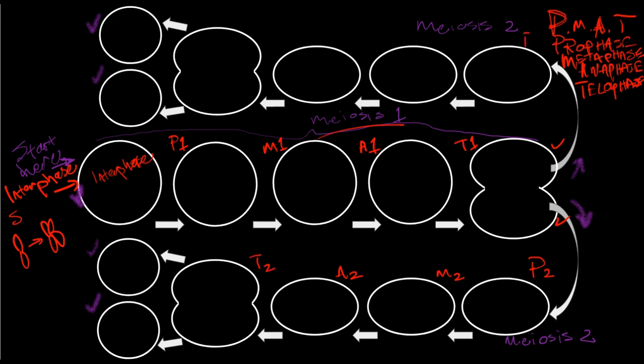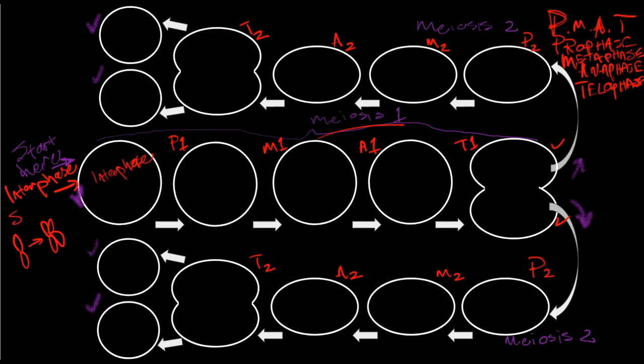Similarly up here you've got prophase 2, metaphase 2, anaphase 2, and telophase 2. And basically very similar things to what you have learned about from mitosis are going to be happening in meiosis in these 2 divisions.